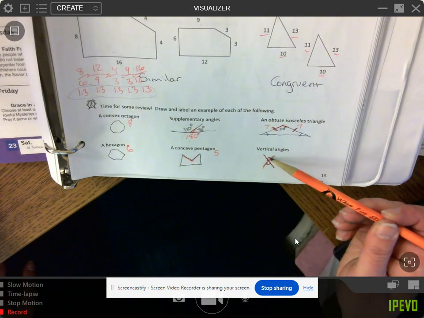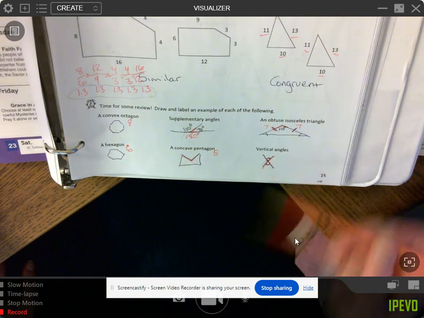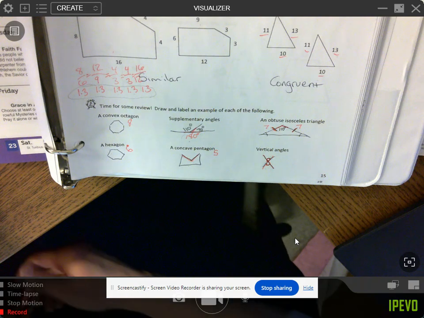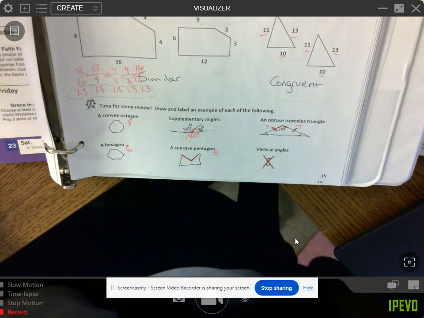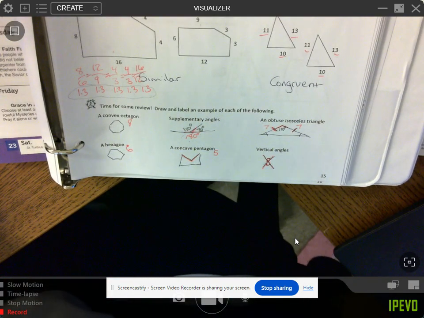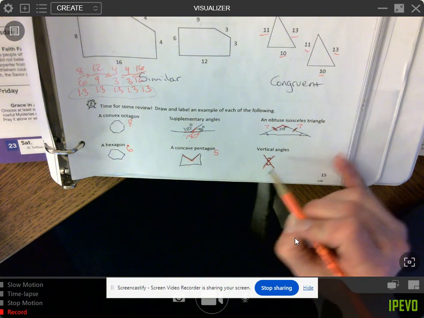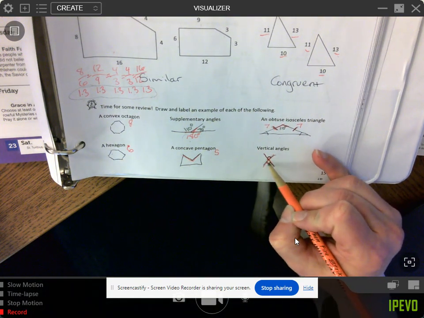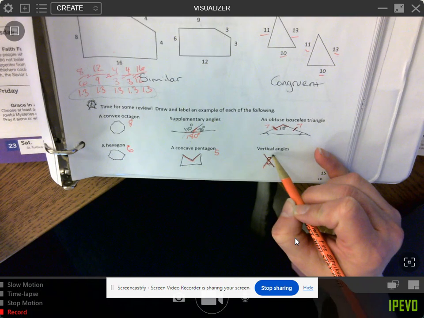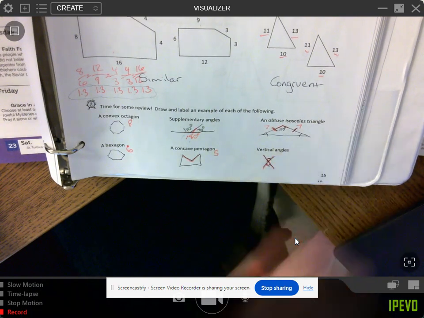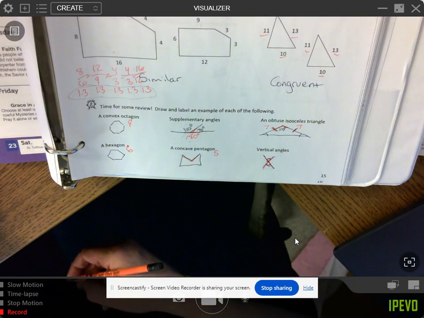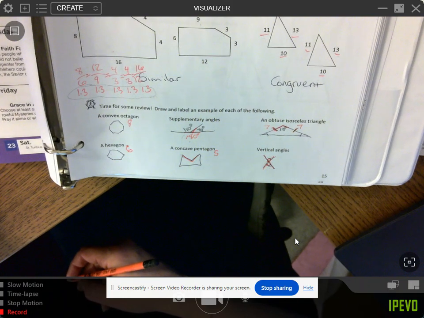I'm showing that they are congruent by those arcs in there. So on the test, if you have to draw vertical angles, you're going to want to show that they are congruent either with those arcs or with actual measurements that show that they are the same measurements.